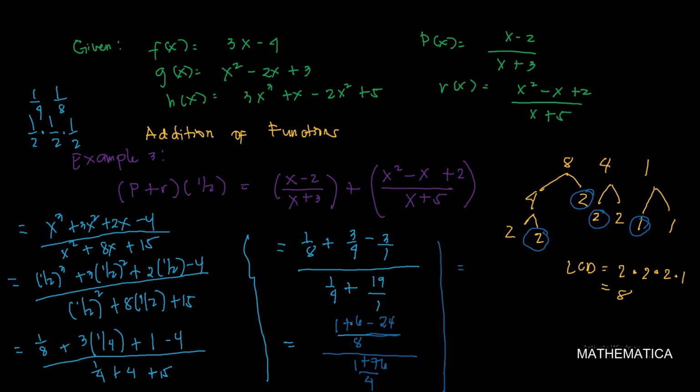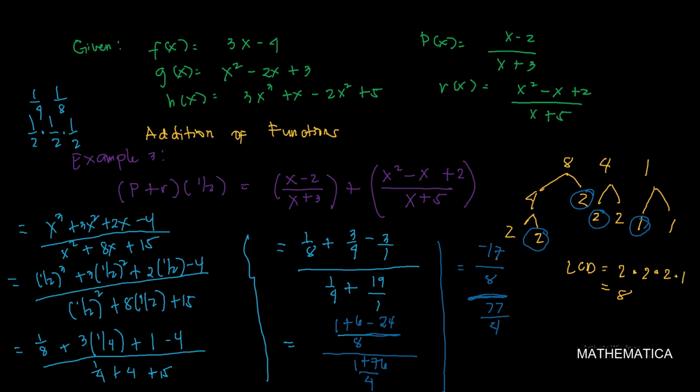So 1 plus 6, 7. 7 plus negative 24, negative 17. So negative 17 over 8. Over 1 plus 76, we have 77 over 4. Ayan.